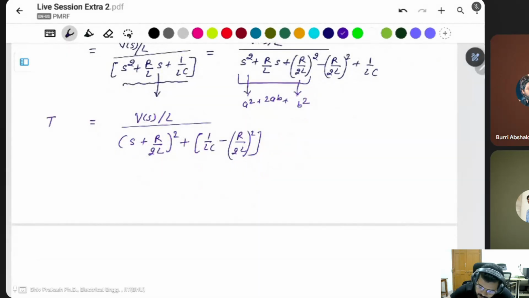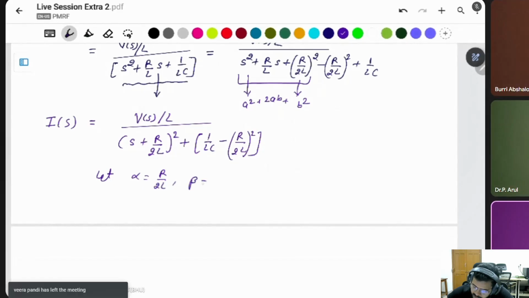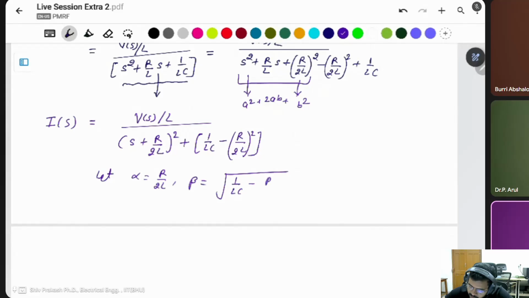Suppose let alpha is equal to R by 2L and beta is equal to the root of 1 by LC, the root of this one.